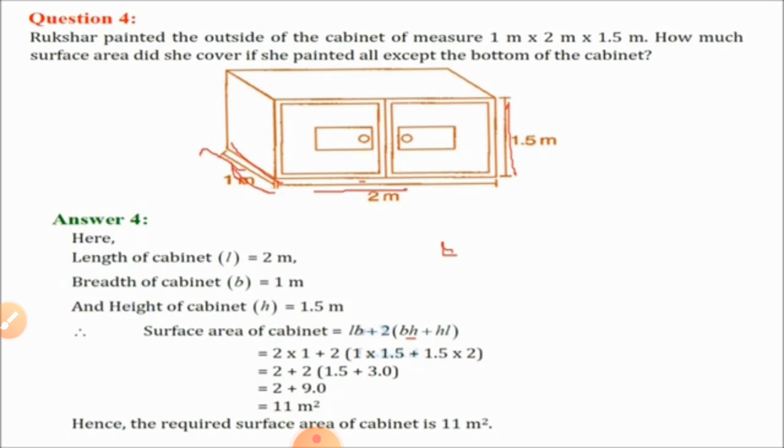Here we can use LB plus 2 BH plus 2 HL. LB one time only. Why one time? Because we are not coloring or using the bottom part. That's why LB, meaning the downside, we are not taking 2 times, only one time. Is it? So be careful when you are using the formula, otherwise you will get the wrong answer.